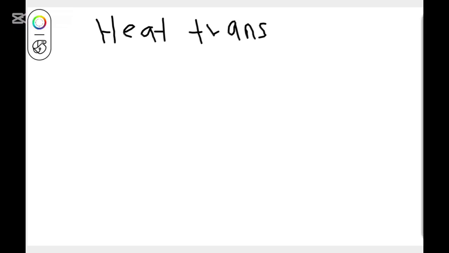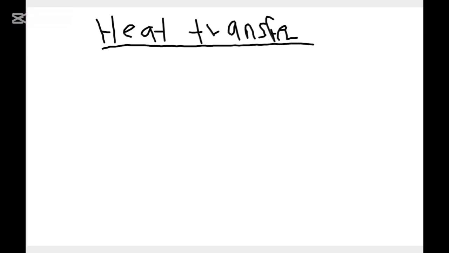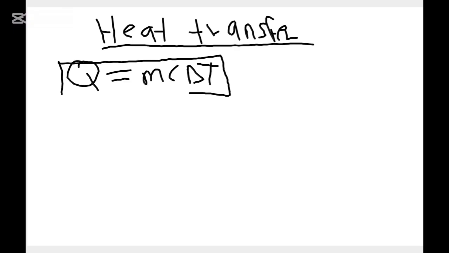And also we have the heat transfer. So heat transfer, which is Q, is the same thing as mC delta T. This is the formula that you might use if you are asked to find the heat transfer.